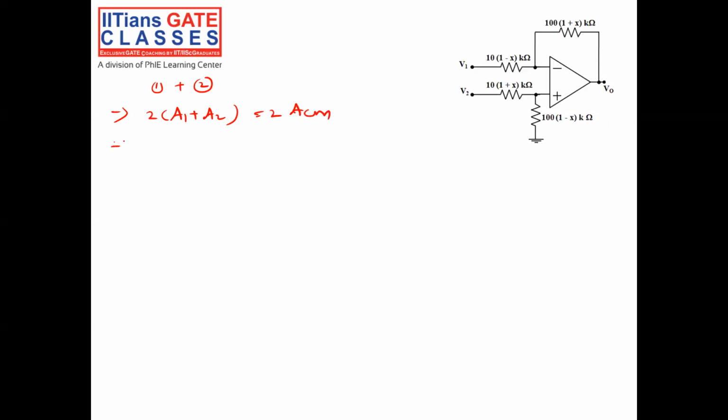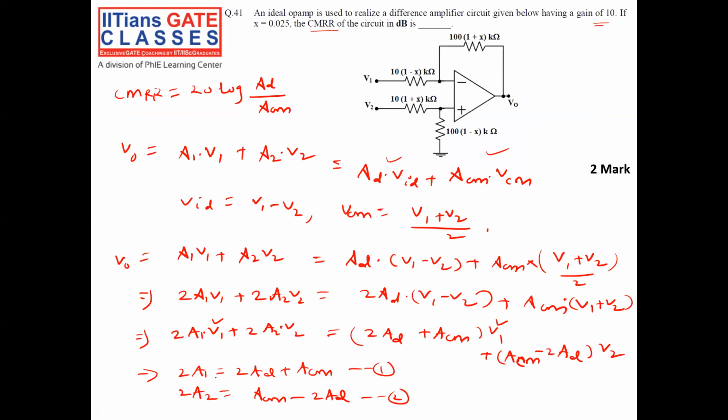This implies ACM is equal to A1 plus A2. A1 is the voltage gain only when V1 is present. A2 is the voltage gain only when V2 is present, right? This is the one important equation for calculating ACM. Now, what is AD? For that you have to subtract equation 1 minus 2. We subtract 1 minus 2: 2 into A1 minus A2 on the left side.